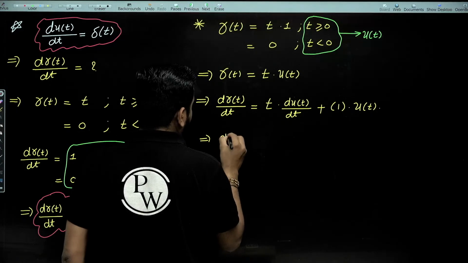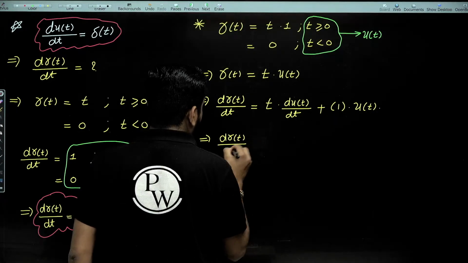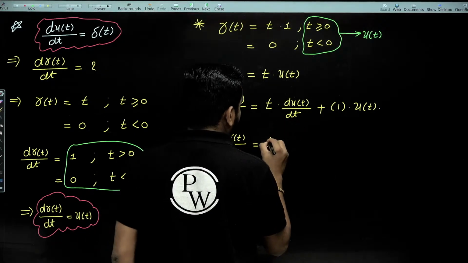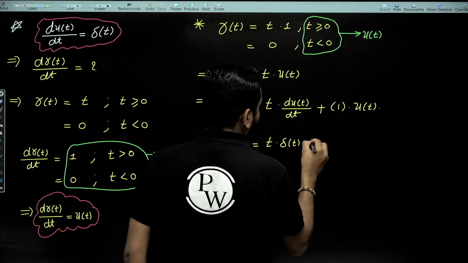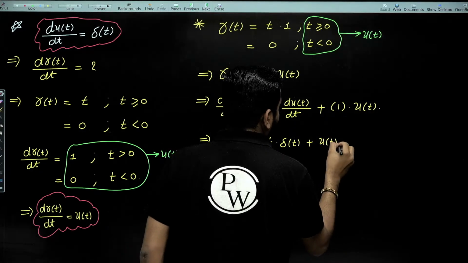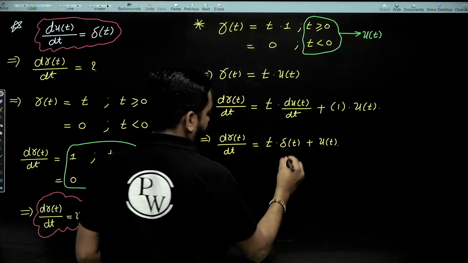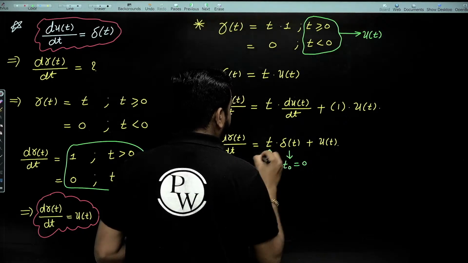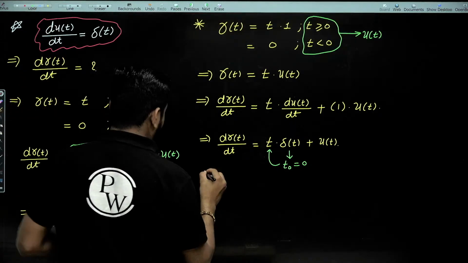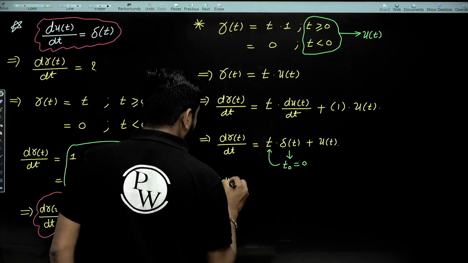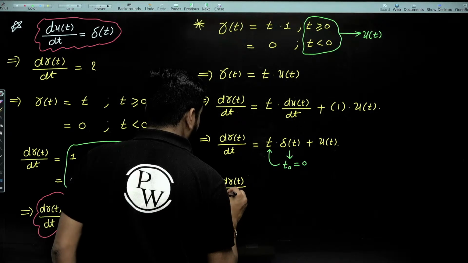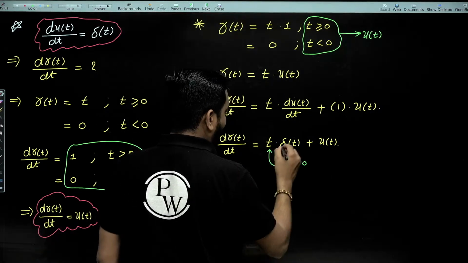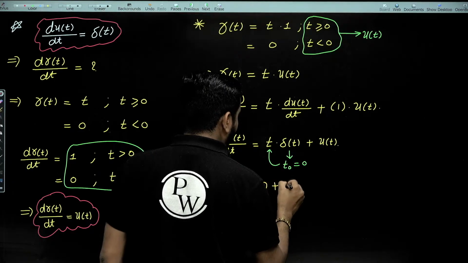So d of r of t upon dt is equal to t into delta t plus u of t. Now we know the product property, t delta t equal to 0. Put it here, guys, so this term will be 0. So d r of t upon dt is 0 plus u of t.